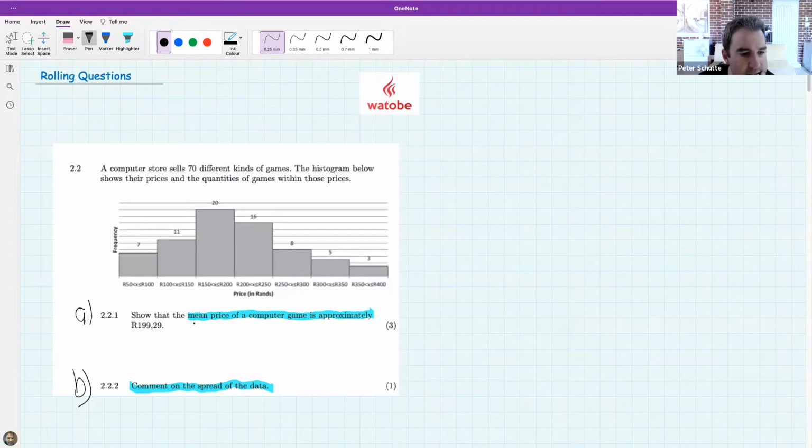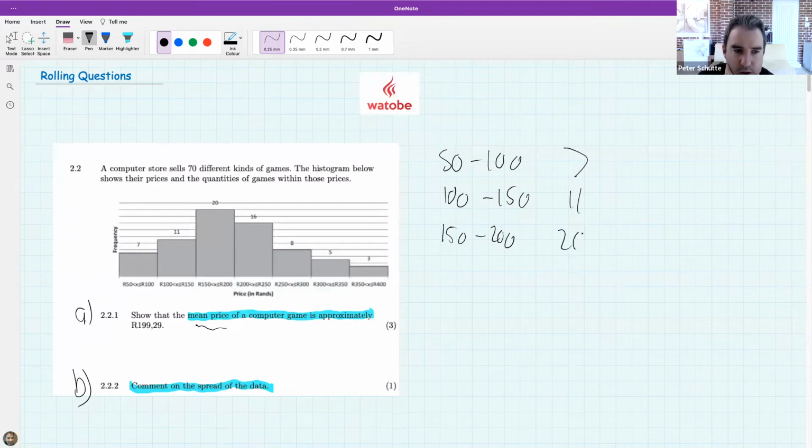Okay, so how are we going to get the mean price? This is a grouped data table. So we know this first one, it's between 50 and 100, and there's 7. Now, you don't actually have to do the whole table. I'm doing it just to illustrate a point, but you could work out the mean from it.